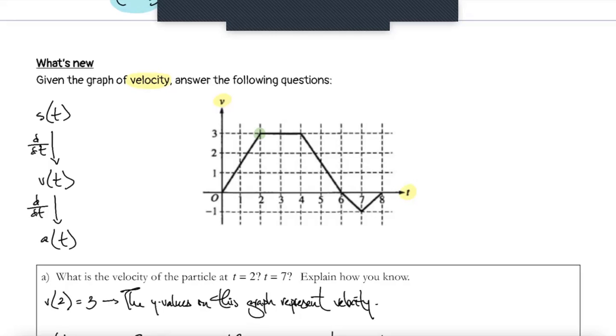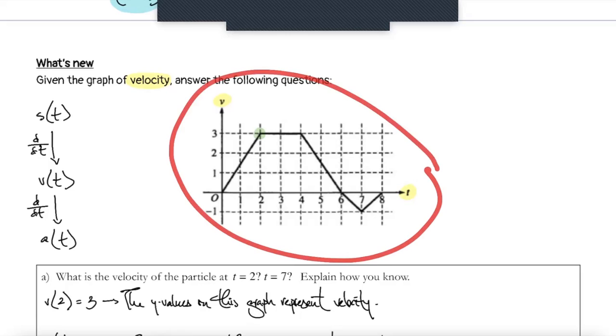So you have position, you take the derivative, you get velocity, you take the derivative again, you get acceleration. Okay. So we are going to be looking, since this is a velocity graph, the derivative of velocity is acceleration. Well, that means that the slope of velocity is acceleration. Okay.